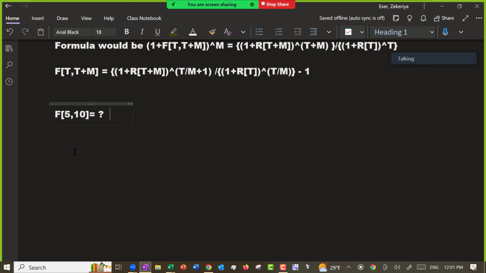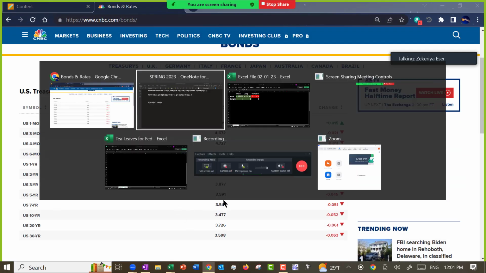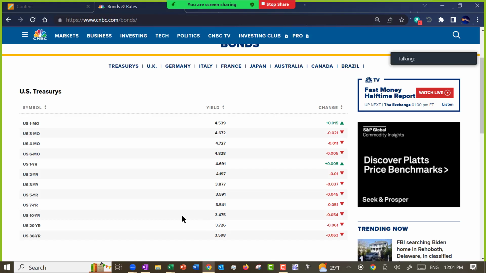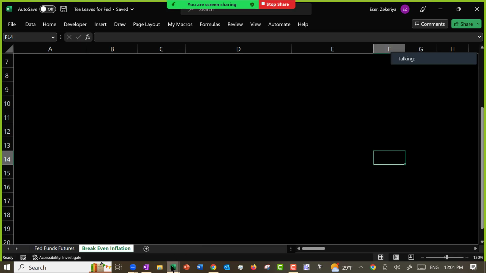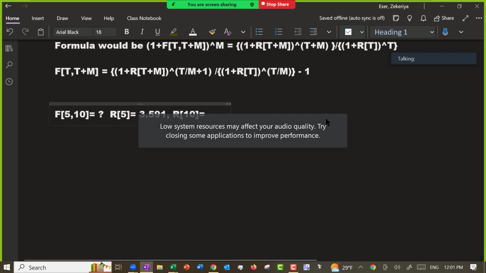So I need to know the 5-year rate, 3.591, and the 10-year rate, 3.475. Not that. Yes, I get it. I don't have enough resources.